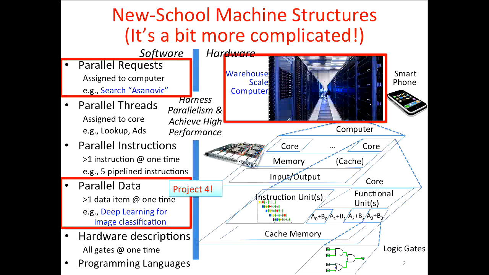And also from the software side, we are talking about two kinds of parallelism related to this kind of warehouse scale computer. One is request level parallelism, which you can see in web services, like web searches.